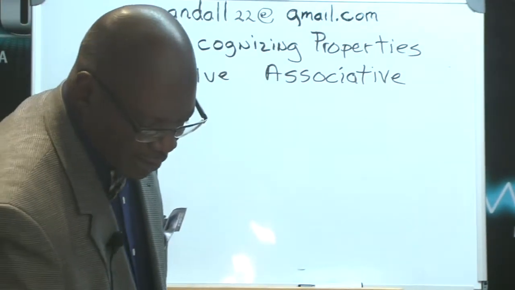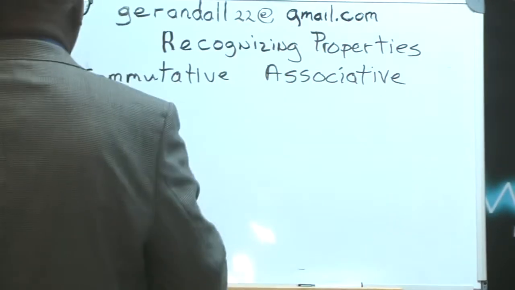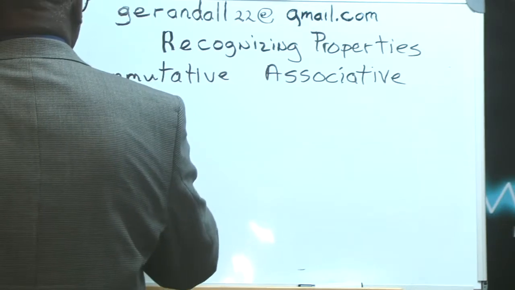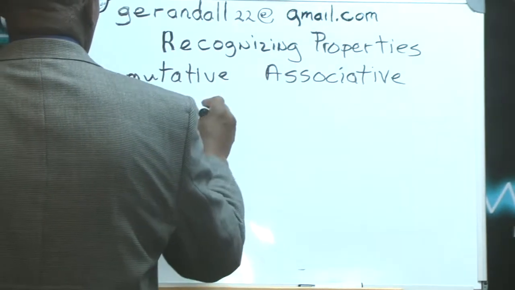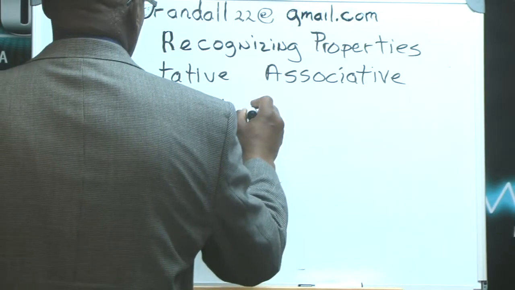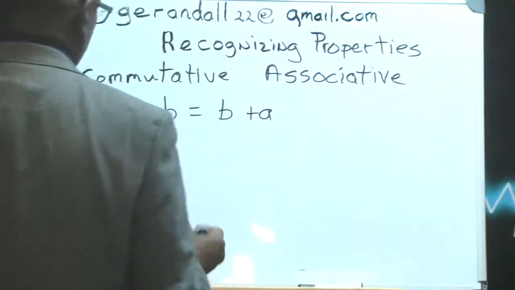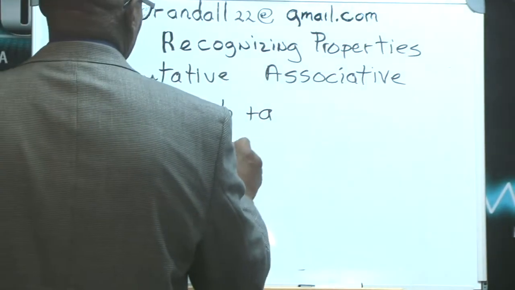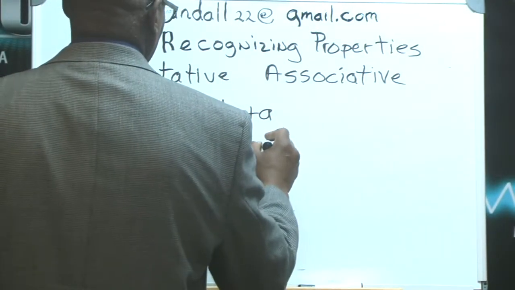What I mean by that is, for example, commutative: A plus B equals B plus A. Again, 7 plus 6 equals 6 plus 7.